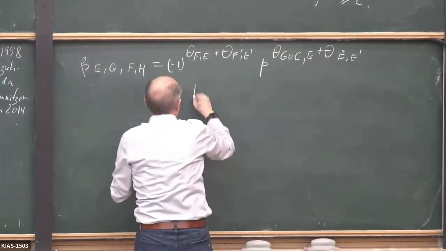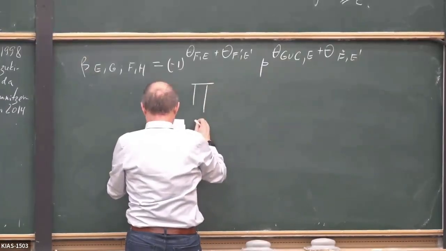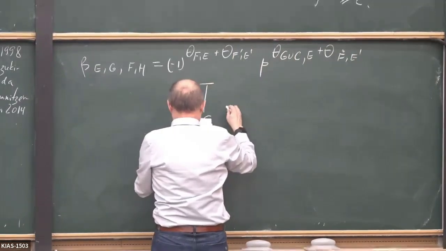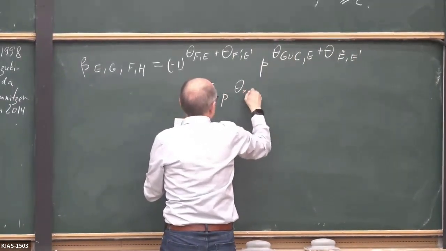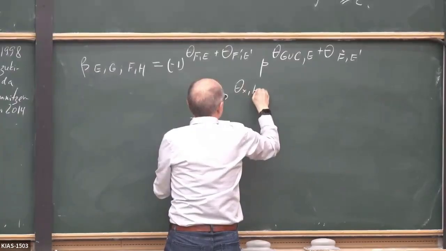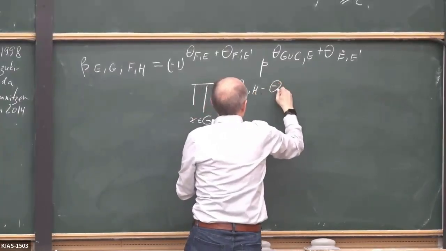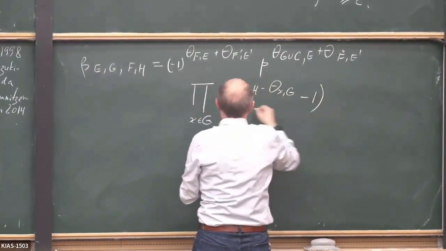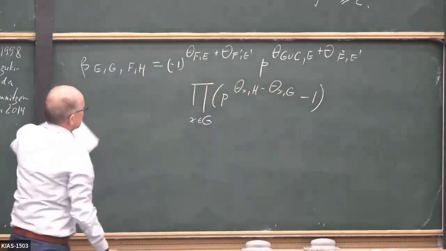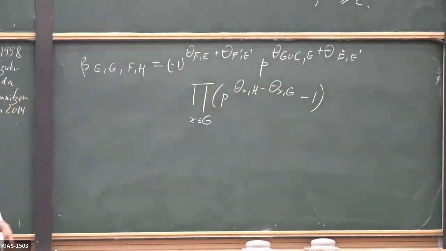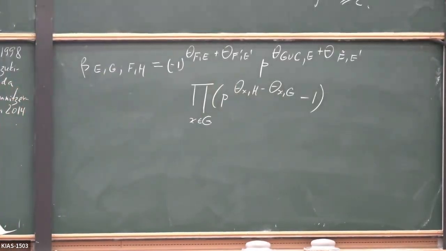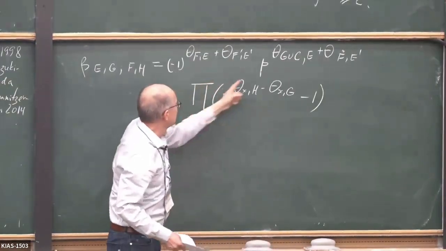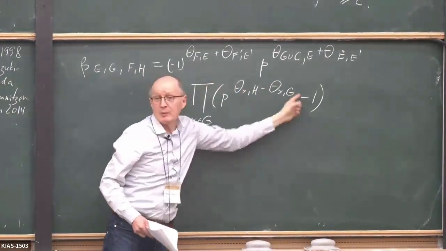And one more thing, a product over X in G of P to the power theta(X, H) minus theta(X, G) minus 1. So why not define such a thing? Structurally, it is some sign, some power of P, and some product of powers of P minus 1.